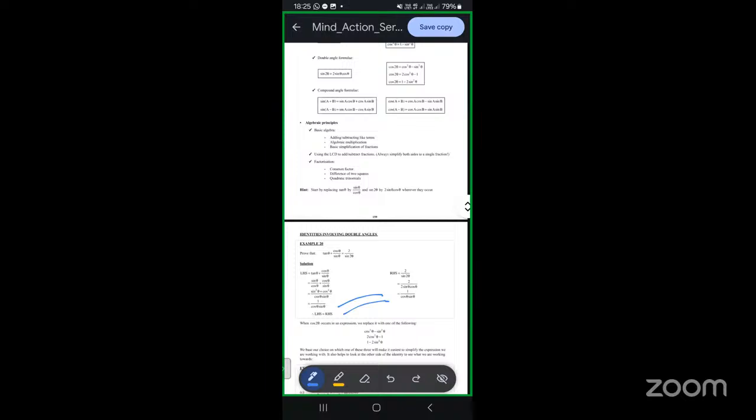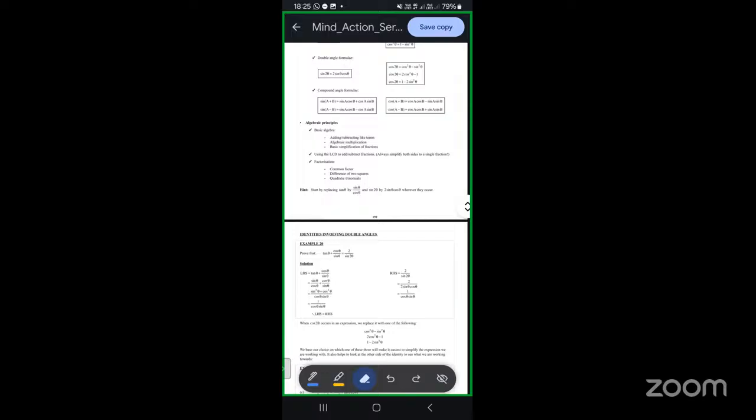Do you now understand it? So on the left-hand side, what did they do to get the numerator as sine squared theta plus cos squared theta? Let me make this example.